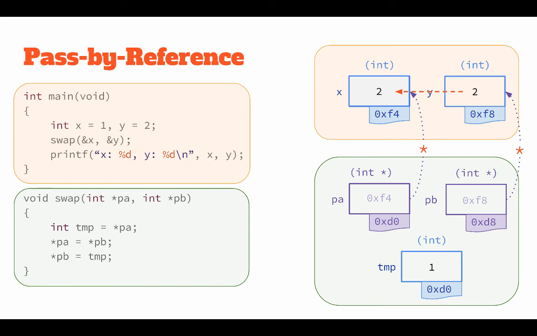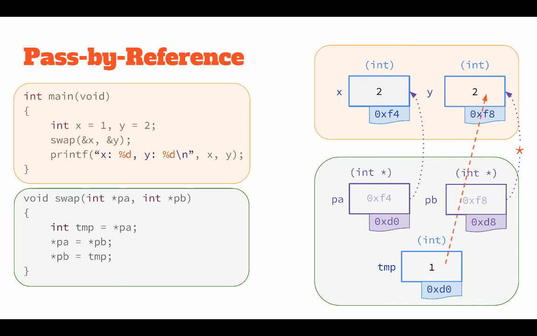So going down now to the third line, we say the value of PB equals temp. So here we just take temp and copy it following PB's pointer and copying temp into the slot that PB points to.